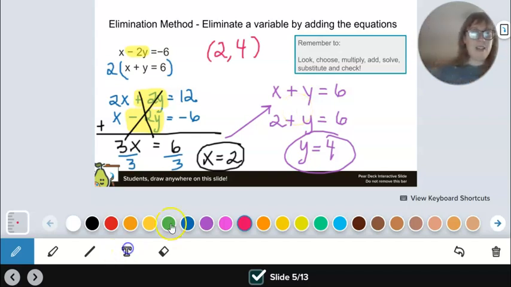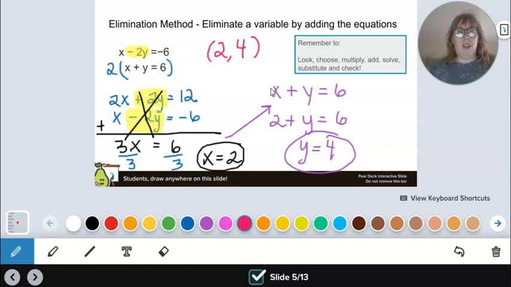Now to find the x, I'm just going to pick one of the equations. I'll pick the second one, 4x plus 3y equals negative 4. And I'm plugging in 0 for y. So we have 4x plus 3 times 0 is 0, so it cancels out. So we just have equals negative 4.